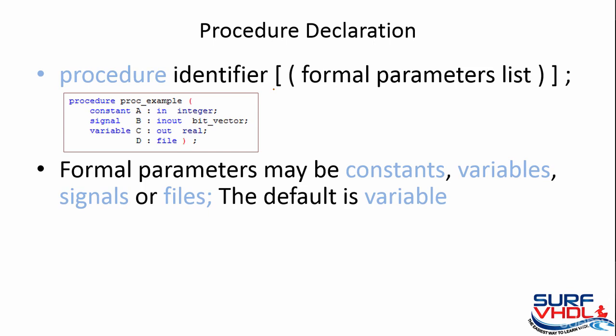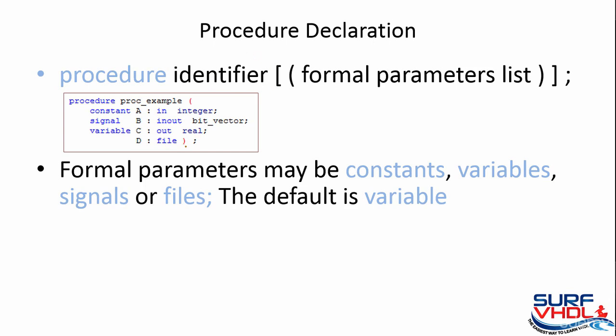Each formal parameter is essentially a declaration of an object that is local to the procedure. The type definition used in formal parameters must be visible at the place where the procedure is being declared. No semicolon follows the last formal parameter inside the parentheses.